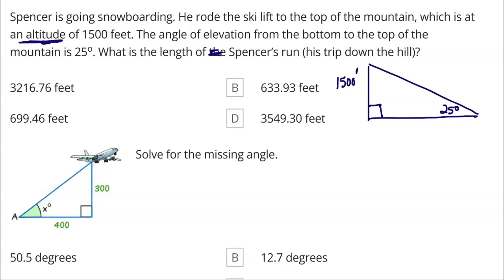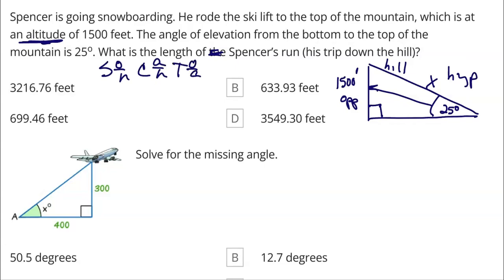Well, here's the hill, right? So they want to know, what is that? From this angle's perspective, I have the opposite and I need the hypotenuse. Opposite over hypotenuse is going to be sine. So I'm going to say the sine of 25 equals 1,500 over x. Now that's going to be a two-step problem.